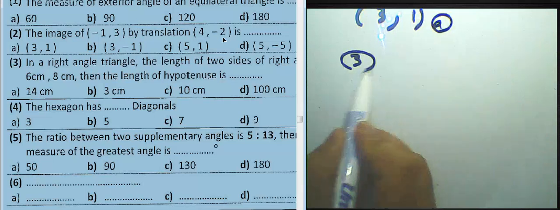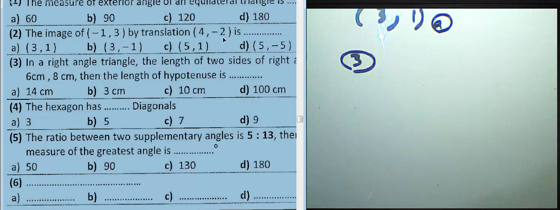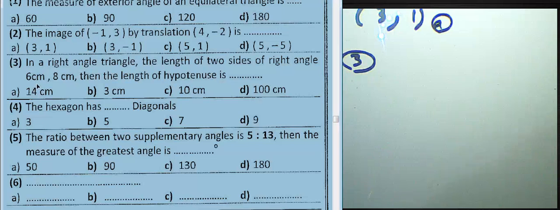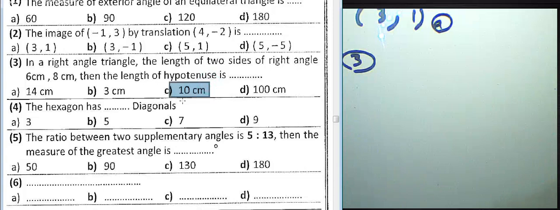Question number 3. A right angle triangle, the lengths of the two sides of the right angle are 6 cm and 8 cm, and the length of the hypotenuse equals 10 cm. We can use Pythagoras.